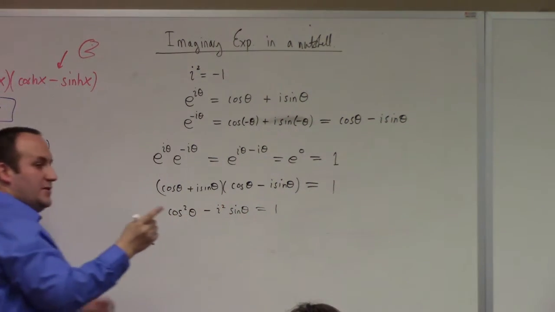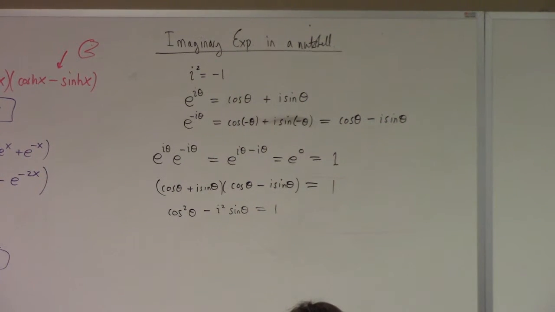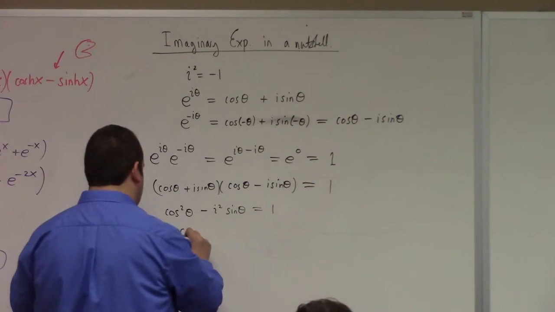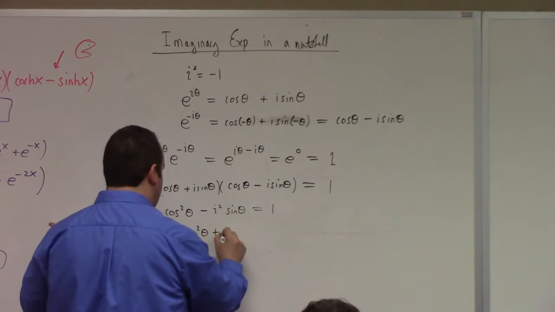You notice that the plus i and the minus i sin θ cos θ terms cancel, just like the sinh cosh terms canceled in our last calculation. But i squared is what? Minus 1. And this is the one you guys already know.